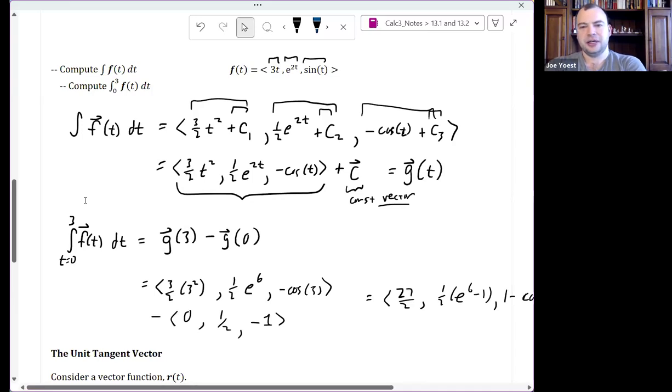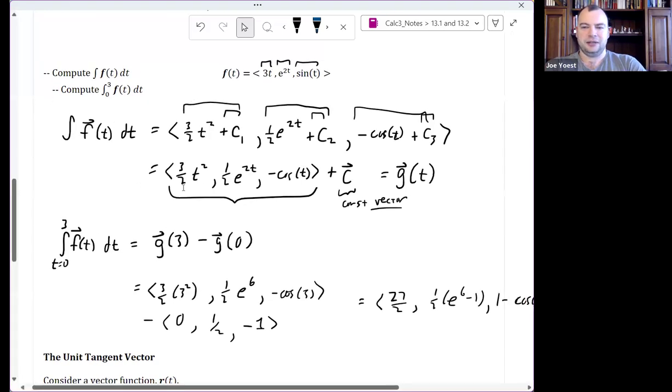Okay, so if your Calc 1 and Calc 2 is pretty fresh and pretty strong, none of what we did here, or what's in the homework in similar problems, should be all that challenging.